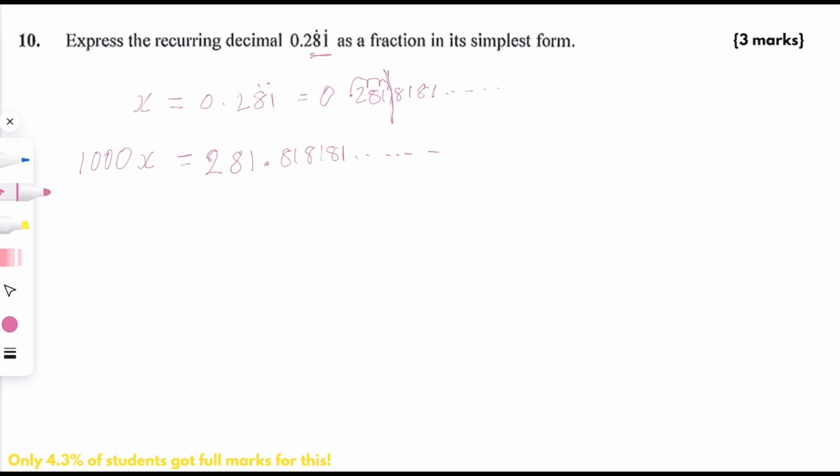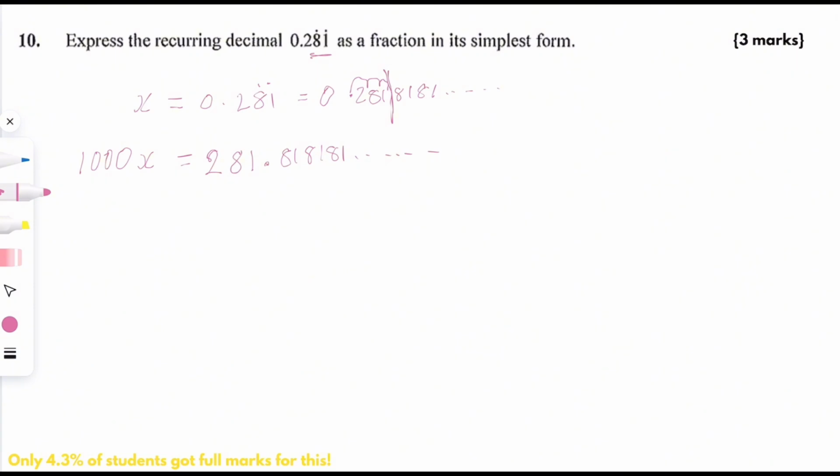Okay, so to do this, it's a little bit of problem solving and thinking ahead. So if I took away x, so 1,000x minus x, that would be 281.8181 minus 0.281. That would give me a recurring number.